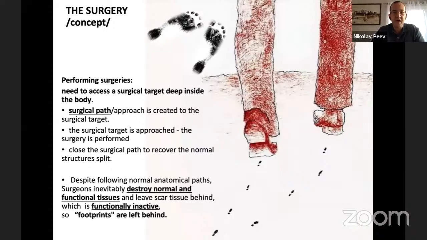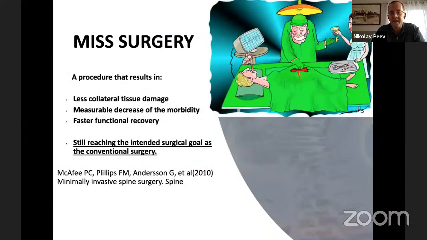You have to split normal tissues in order to get to the surgical target and do the surgery, and like that, you inevitably destroy normal tissues. Normally, we try to minimize the trauma to normal tissues, and this is the basic tenet and the aim of minimal invasive surgery: to minimize the trauma for a patient.